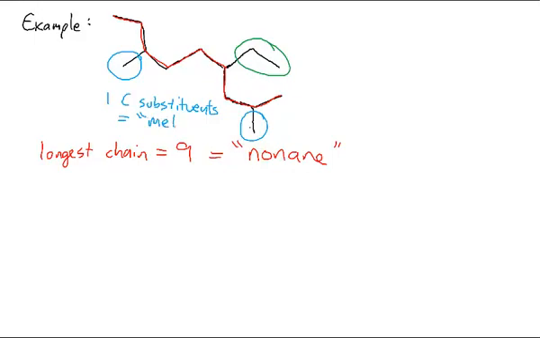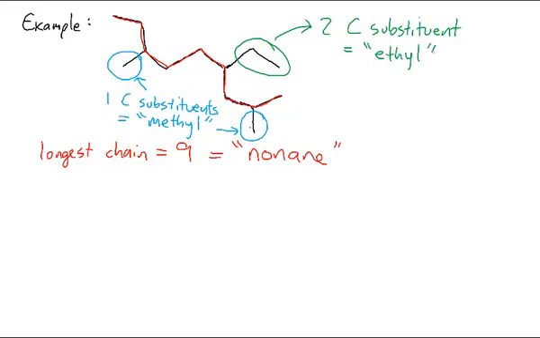So that 1 carbon is meth. We'll call those methyl substituents. The green one has how many carbons? Oh, I wrote it up there, so I gave it away. So we're going to call that an ethyl group.